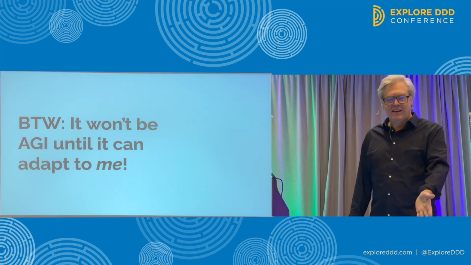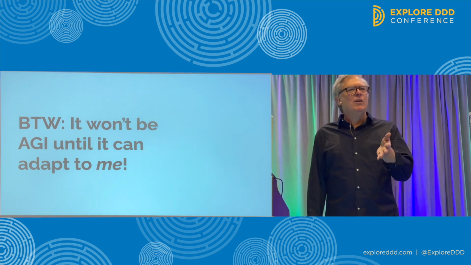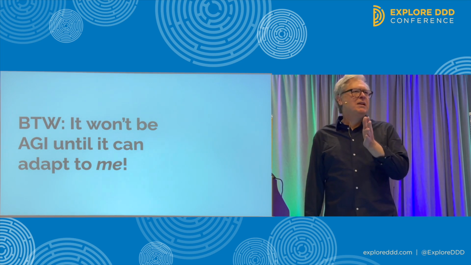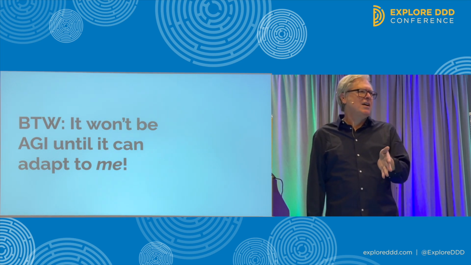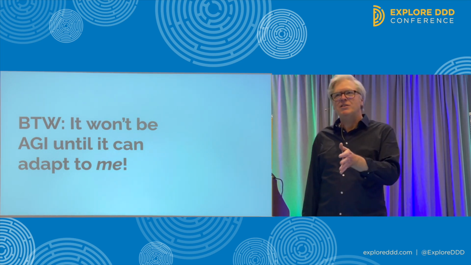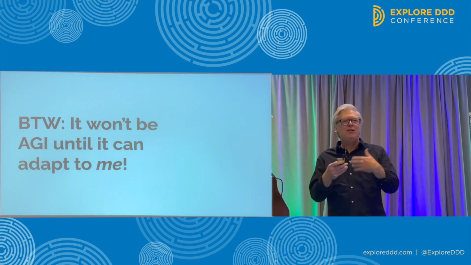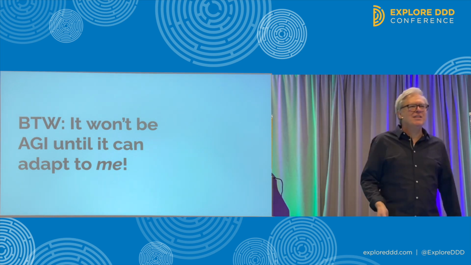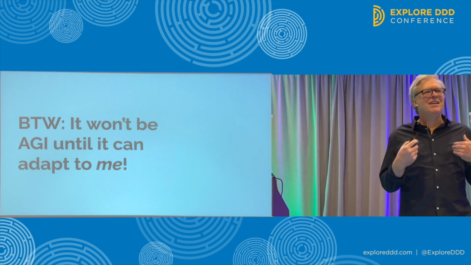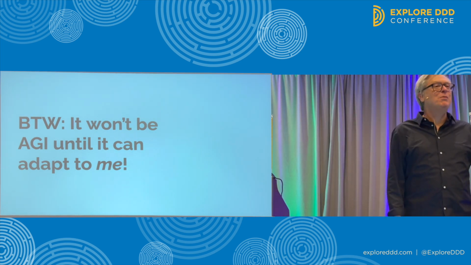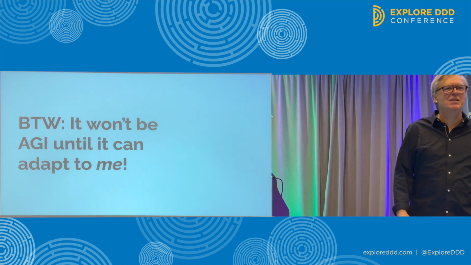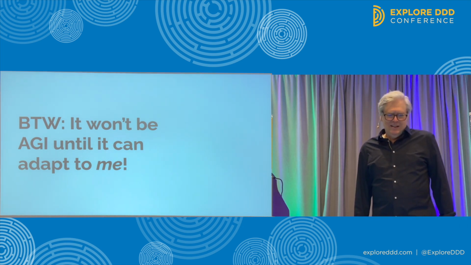Anyway, I will say this: I think that nothing that they make will be what I would call an AGI, a general intelligence, until it can meet me halfway. Till I feel like, oh, we're working together on this code and you're adapting to my style just as much as I'm adapting to yours, or maybe more, since you're supposed to be. So anyway, back to the real stuff.